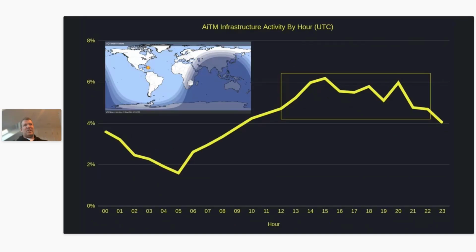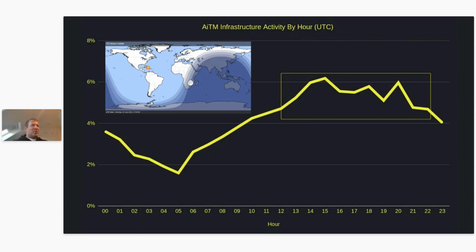So we then delved a little bit into hours of operation. And I was going to say this is an interesting one. I don't know if this is an interesting one. I guess the Monday to Friday nature of activity that we saw in the previous slide caused us to think, well, is there a particular time zone that it looks like the bulk of this activity is happening in?